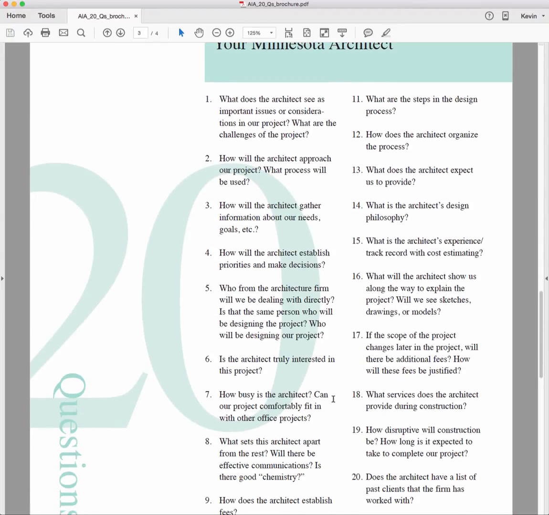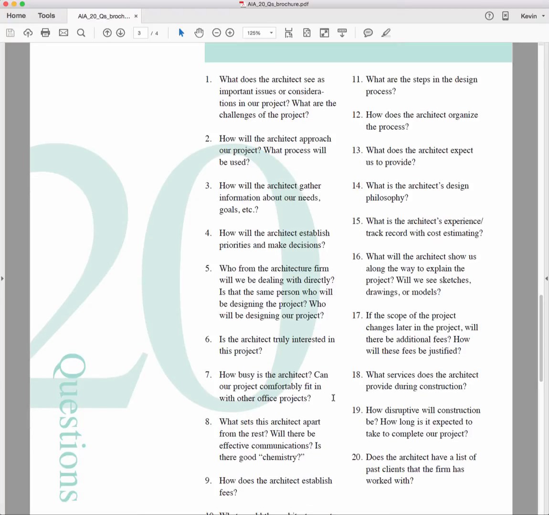The next page has 20 questions that the potential client could ask the architect they were thinking of hiring. And I'm not going to really belabor these.